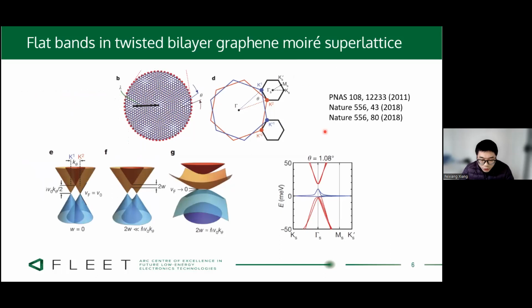So one special interesting band structure engineered by the moiré superlattice is the flat bands, whose bandwidth is very narrow, and the density of states is very high.